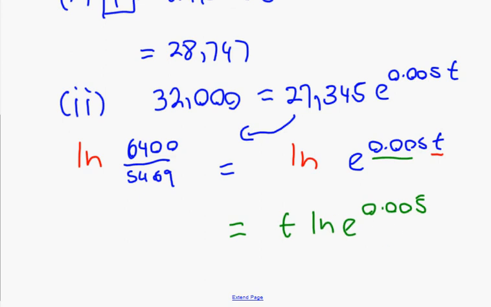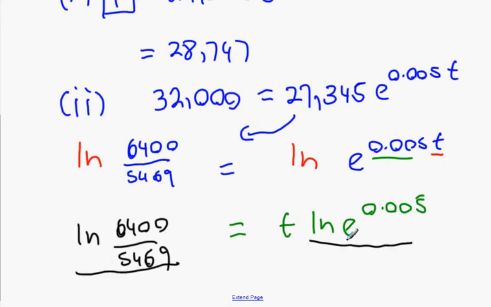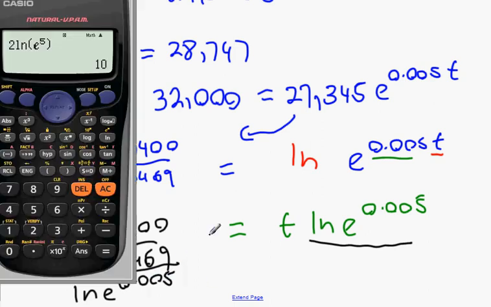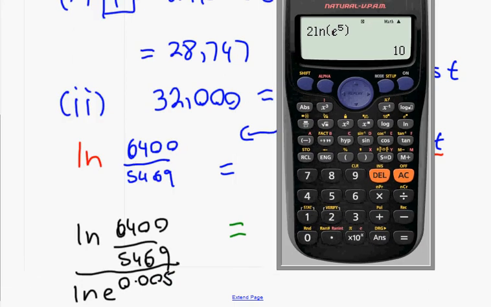So there's no problem there. What I'm going to do this time is get ln 6,400 over 5469, divided by, we're going to get rid of that ln e, aren't we? So it's going to be divided by ln e to the power of 0.005. It's pretty much like for like, but we'll see what happens when we put it into the calculator.